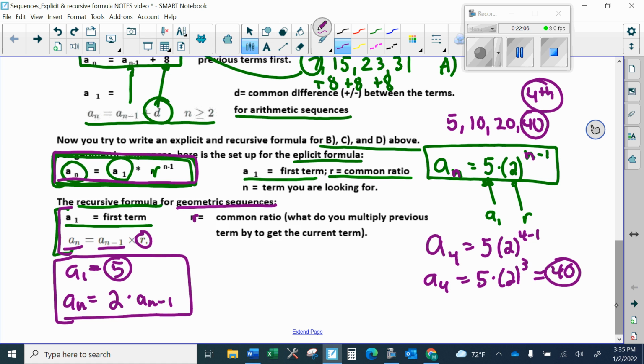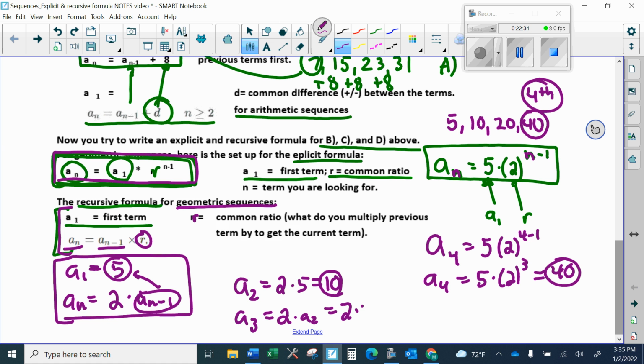It says 5. So a sub 2 equals 2 times, remember, a sub n minus 1 means the previous term. The previous term from 2 is 1. Well, there's that right there, 5. So a sub 2 is 10 now. That's my answer. So now I want a sub 3. I have to do 2 times a sub 2.